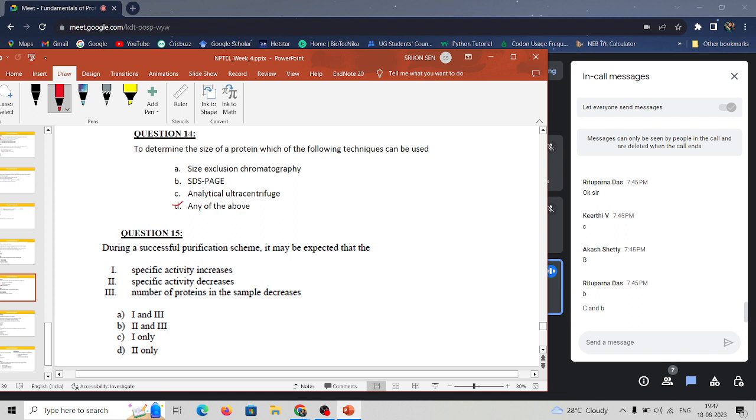Okay, the next question. During a successful purification scheme, it may be expected that the specific activity increases, specific activity decreases, number of proteins in the sample decreases.